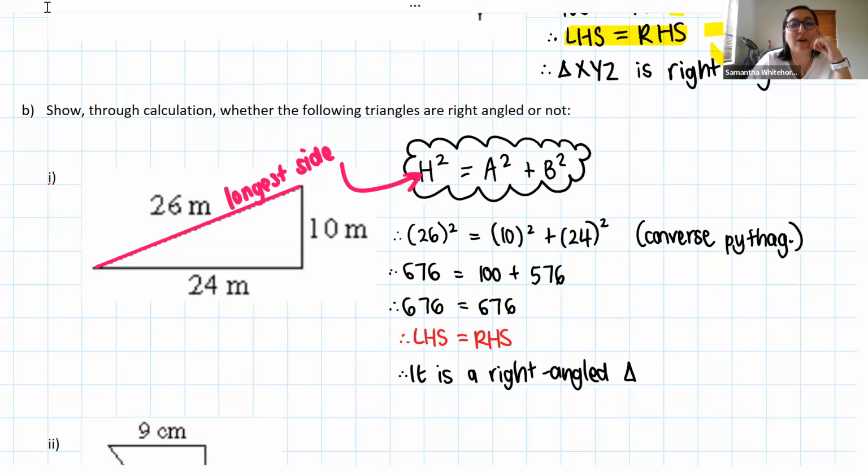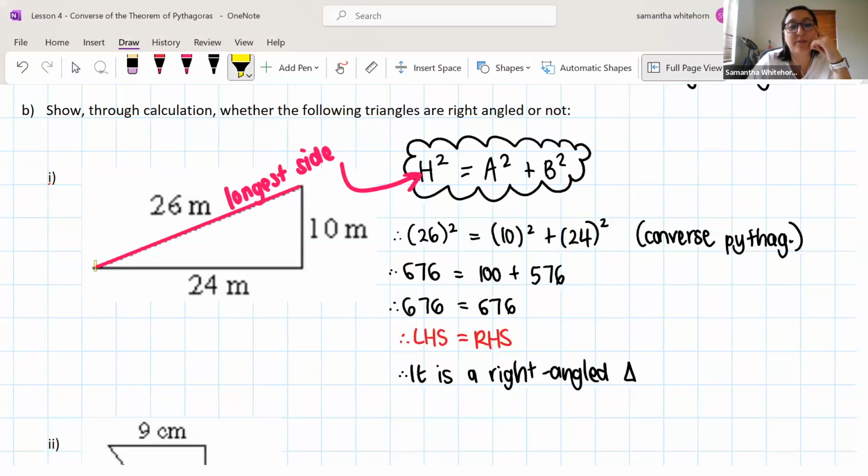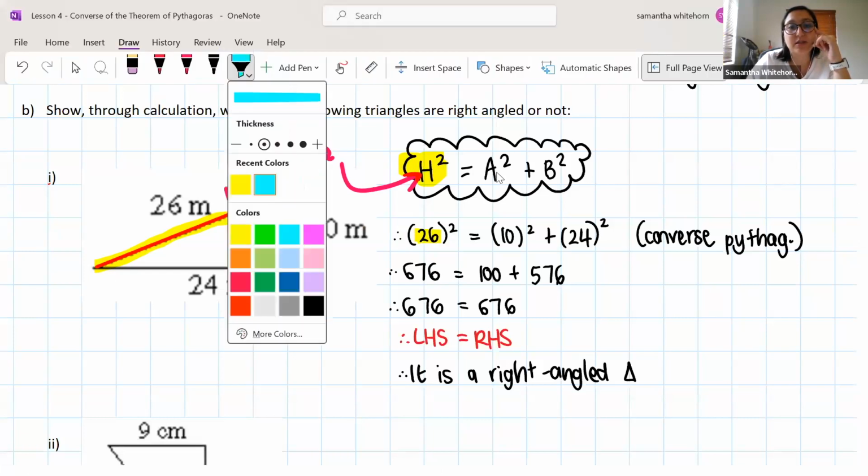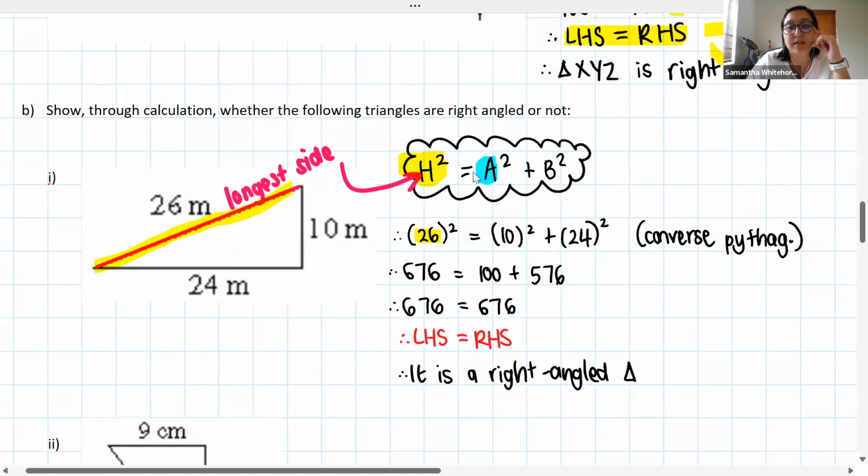Okay, so once you know the longest side, so we're happy that this is the longest side, that is going to be substituted in place of h squared. So that's why we've got 26 squared. From there, remember, we have to substitute in our other two sides. It makes no difference which side is A and which side is B. So if I consider 10 meters to be side A, I substitute it in.